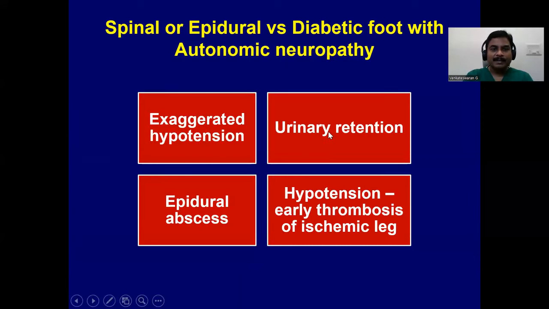And long-standing diabetic patients have high chances of developing epidural abscesses when you give a neuraxial block. The hypotension following central neuraxial block can even lead to early thrombosis of the ischemic leg. So that's the reason why we do a lumbosacral plexus block in these types of patients.